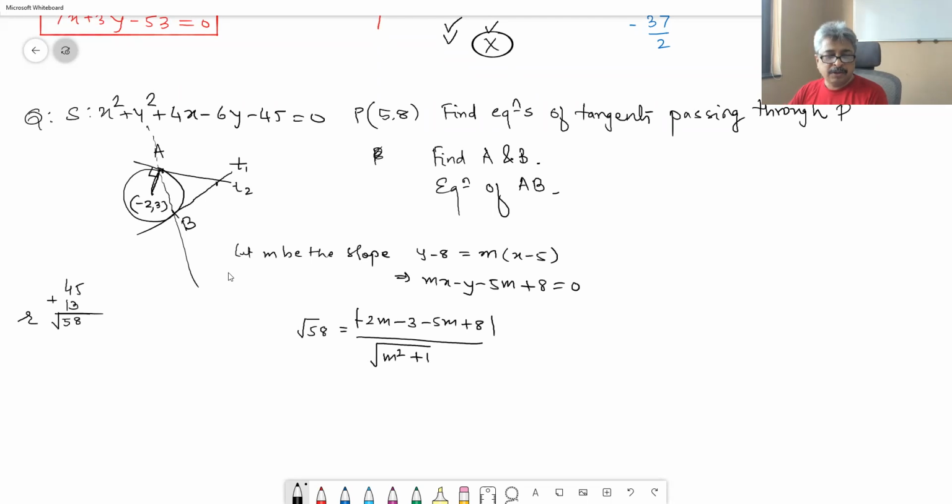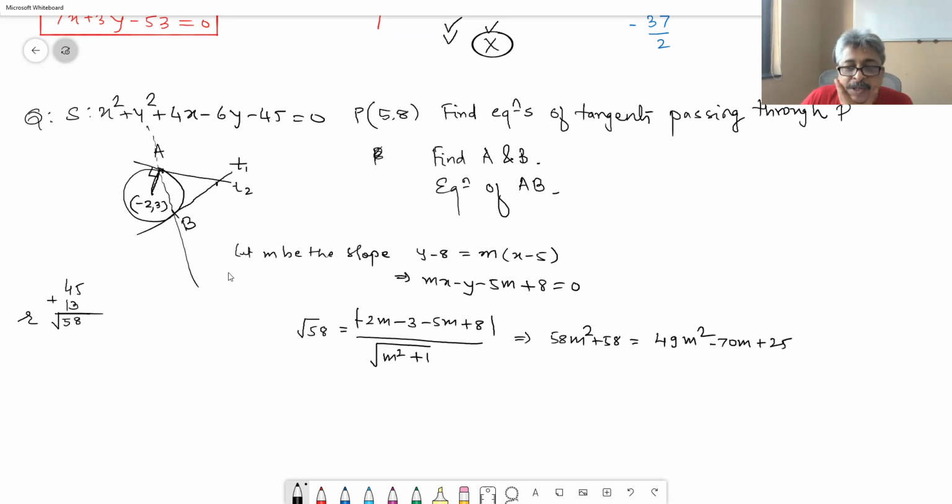This is the equation that we have because this is the distance of center from this line. If we simplify this a little bit, squaring both sides, we get 58m square plus 58, which is equal to 49m square minus 70m plus 25.